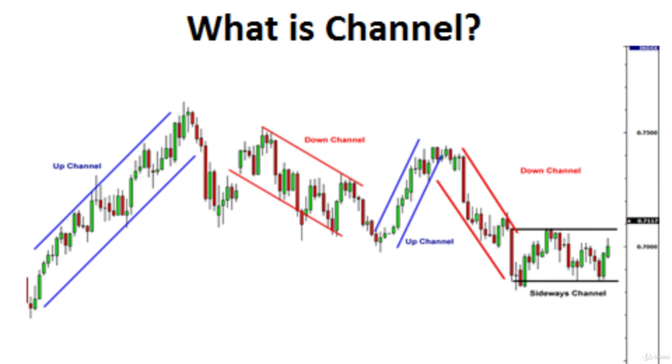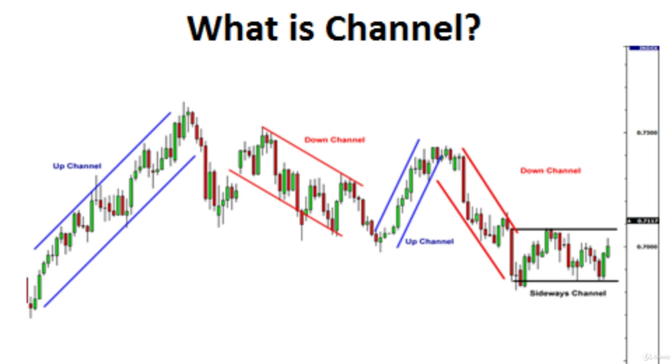After that, once the price breaks that channel, the price moves between lower tops and lower bottoms, signified with the red lines. The two parallel red lines create a downward channel.